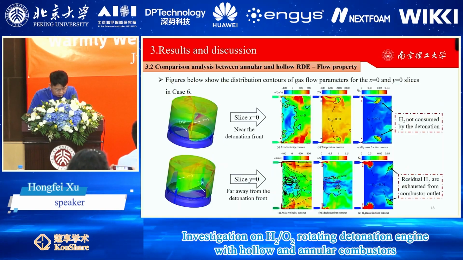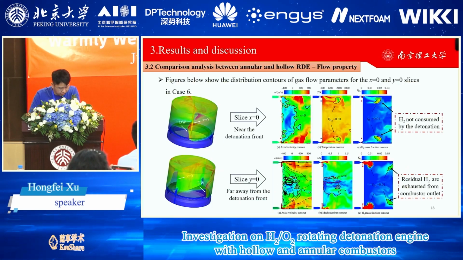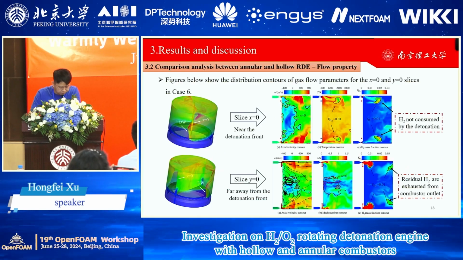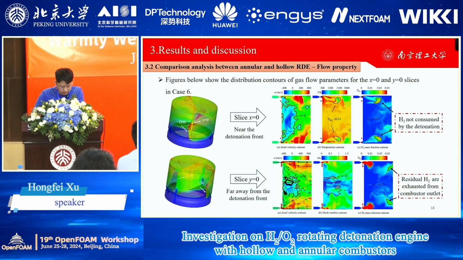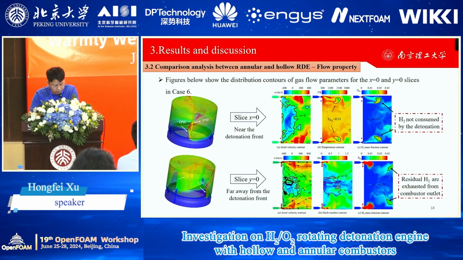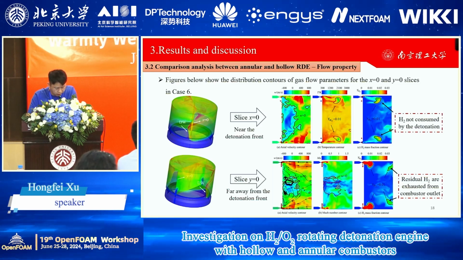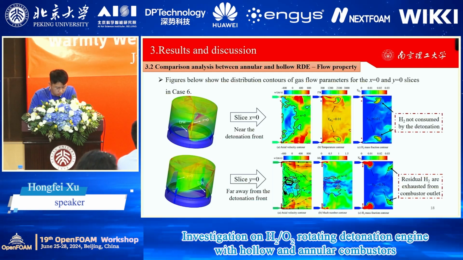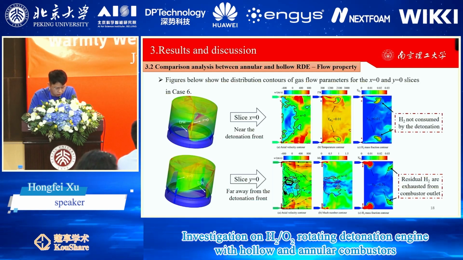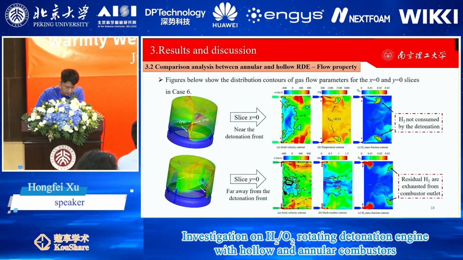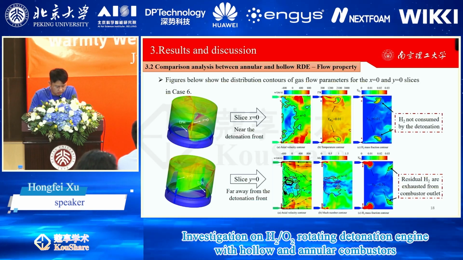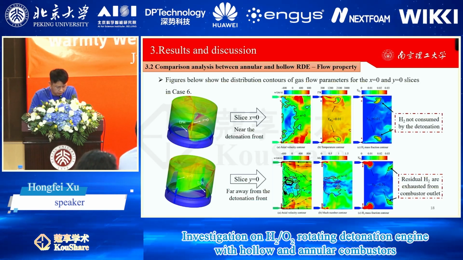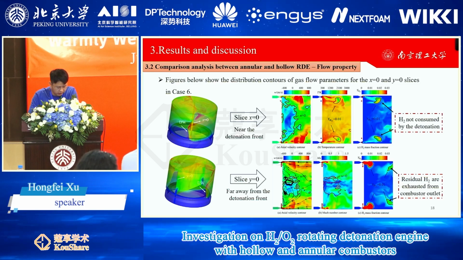Considering the complexity of the gas flow in the hollow RDE, the figures below show the distribution contours of gas parameters for the x equals 0 and y equals 0 slices. There is a recirculation zone surrounded by contour lines with an axial velocity of 0 at the combustor inlet near the detonation front.